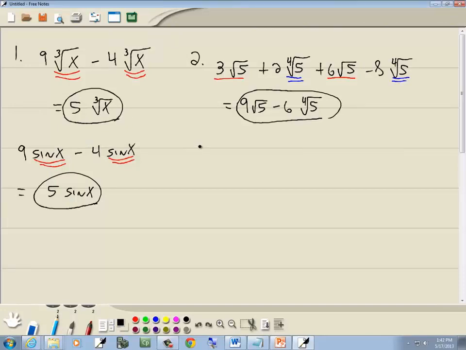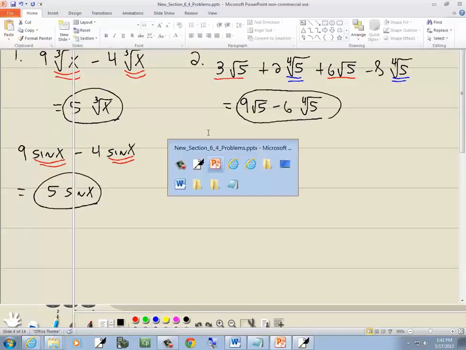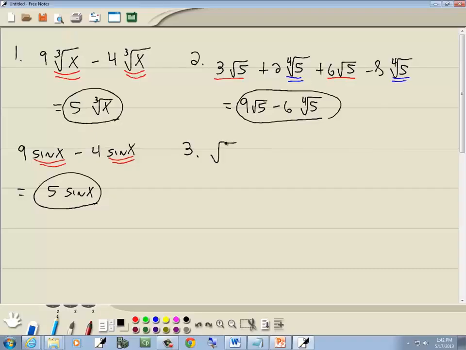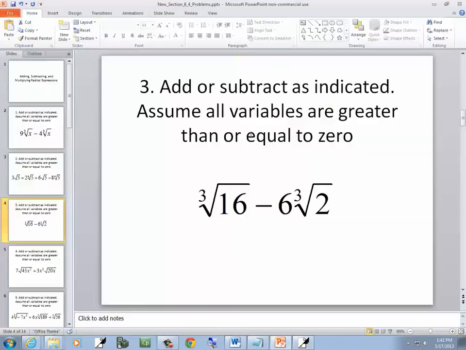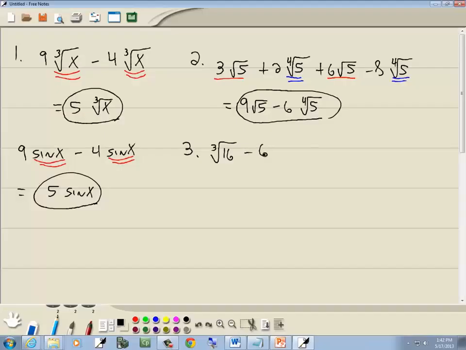Okay, let's look at our third example here. Got the cube root of 16 minus 6 cube root of 2. Well, it appears like I can't do anything with these because they're not exactly alike, but the 16, if I looked at prime factorization of that, that'd be 2 times 2 times 2 times 2. So we got 4 2's.